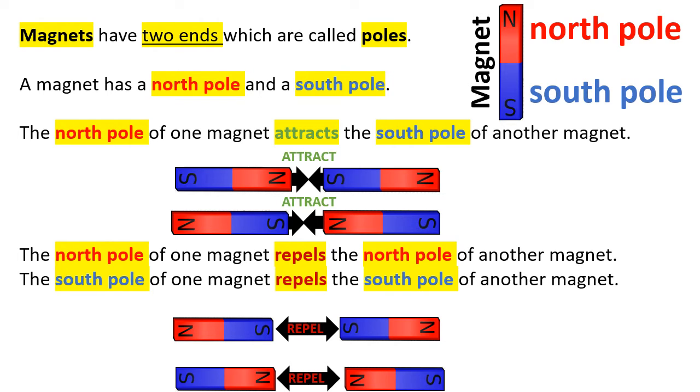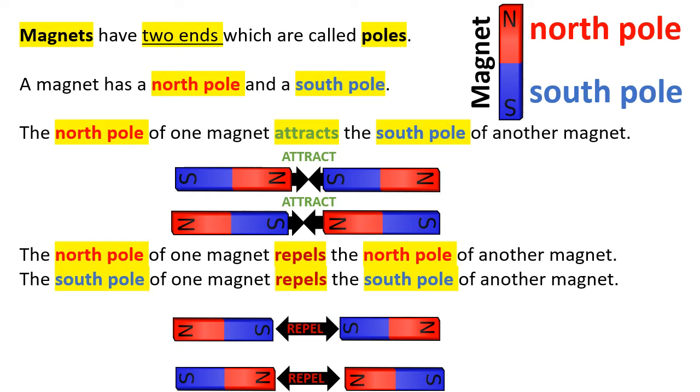So we learned that the north pole of one magnet attracts the south pole of another magnet. So we show that in the picture. So I see the arrows pointing toward the middle when I look at attract, the green word.